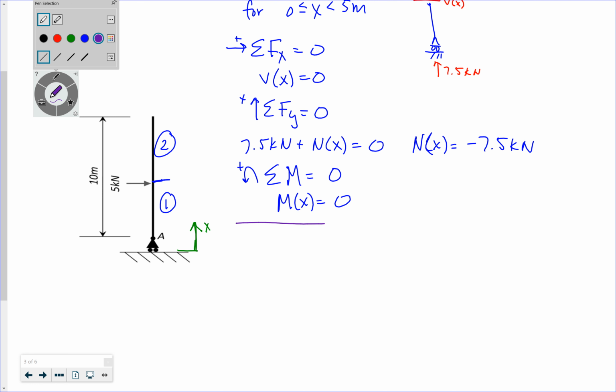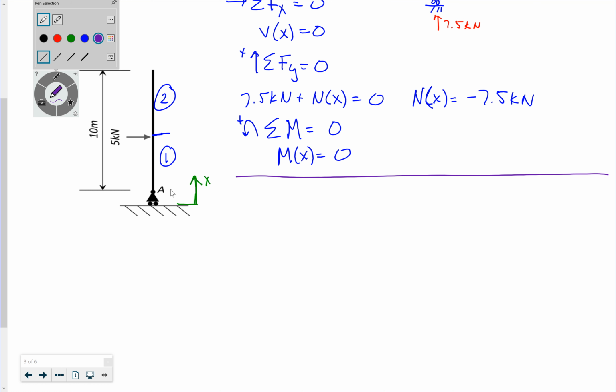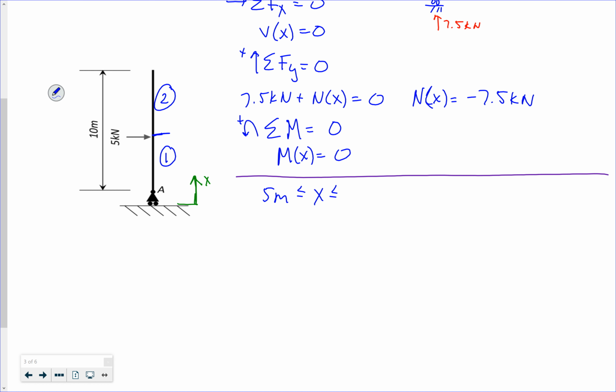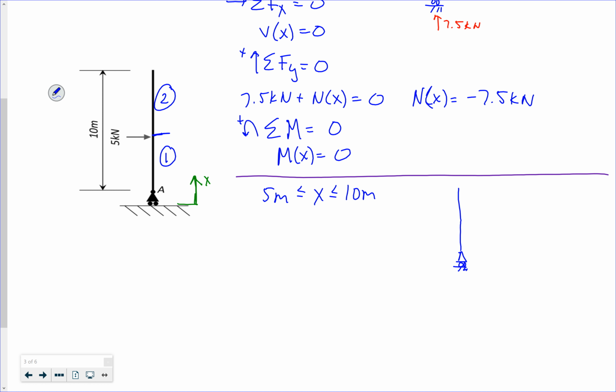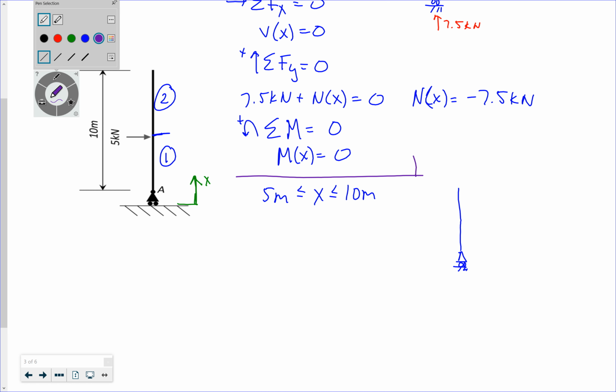Now let's look at the second section of my column. I have, for 5 meters to 10 meters, this column here, and it has reaction 7.5 kilonewtons.